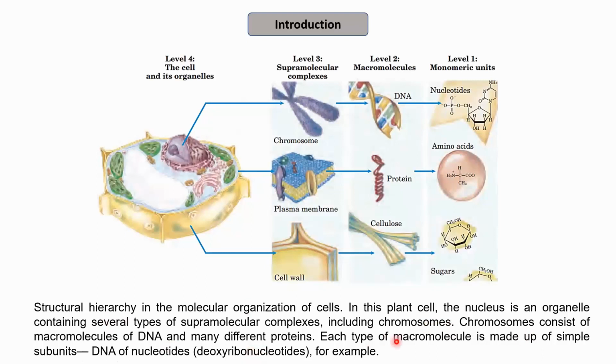Each type of macromolecule is further made up of simple subunits. For example, DNA is made up of nucleotides, and the full form of DNA is deoxyribonucleic acid. This is just an example to show the composition and the smaller units present inside the cell.